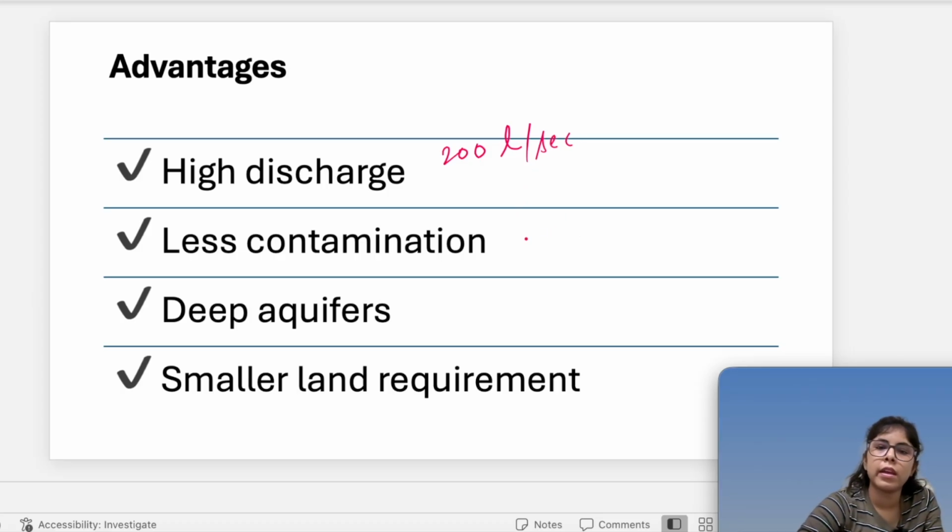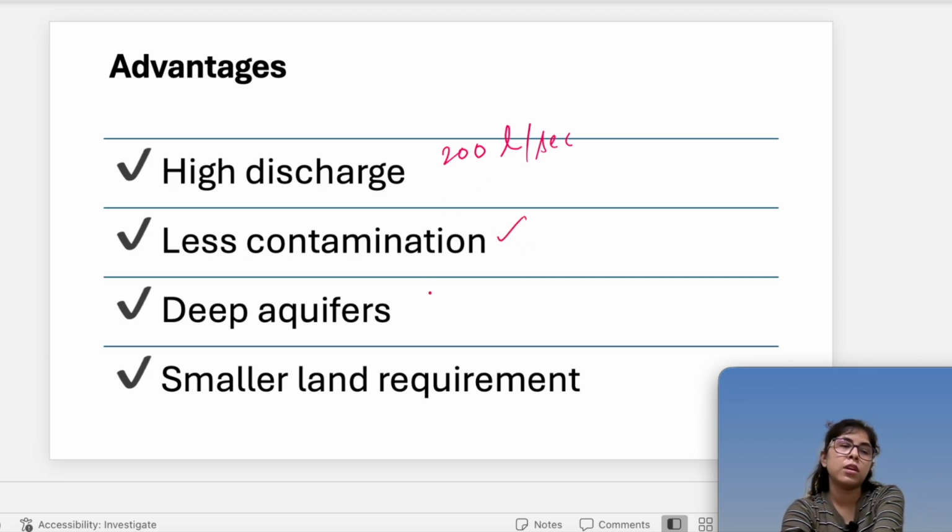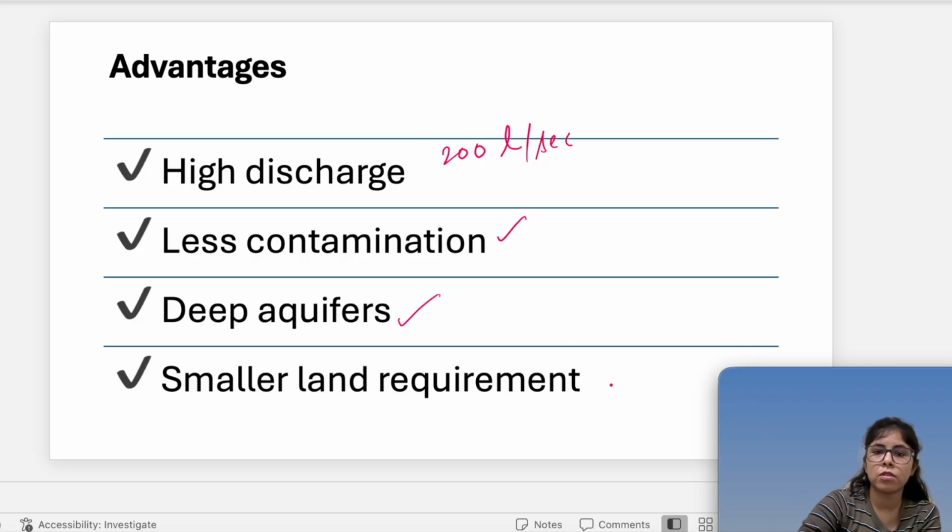It's a lot, and because it's closed and the diameter is small, the contamination is very less. Another advantage is that it reaches deeper aquifers that open wells can't reach, and the land requirement is very small.